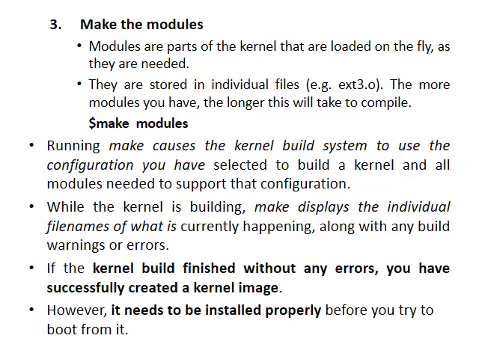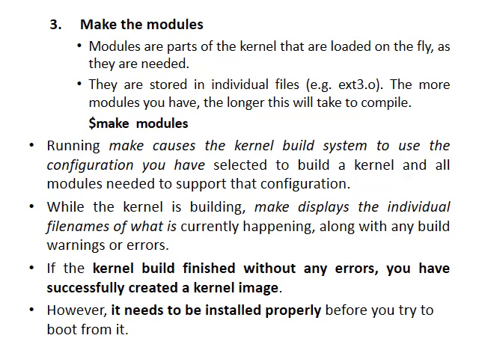For that, the command can be given as make modules. An individual file that will be created after this command has the .o extension. And this is the final step for creation of the kernel image. If you do not have any warning or error, in that case, your image will be successfully created.